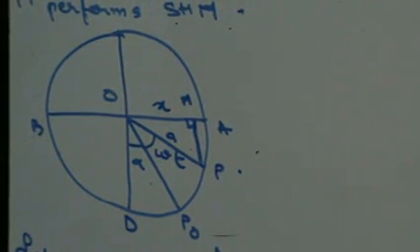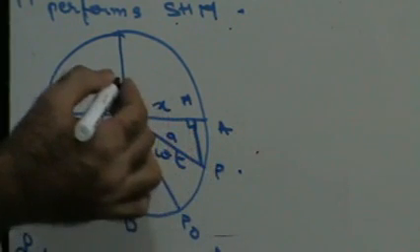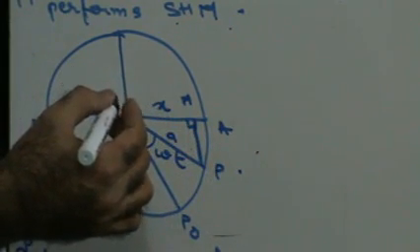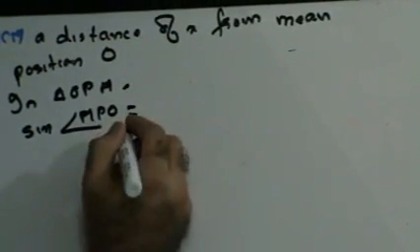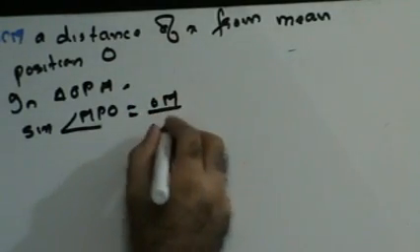Now if this angle is omega t, then sine of angle MPO is nothing but opposite OM upon hypotenuse OP.